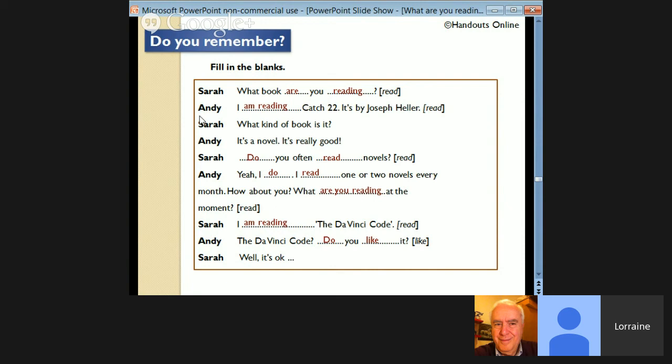I read 1 or 2 novels every month. How about you? What are you reading at the moment? The Da Vinci Code. Do you like it? Okay, very good. Well done.